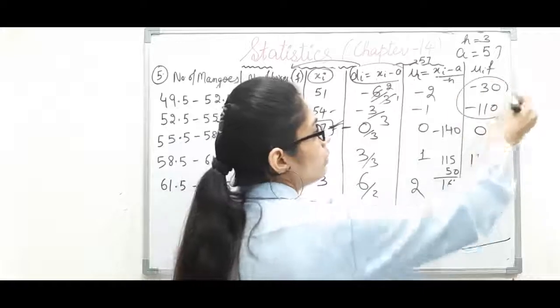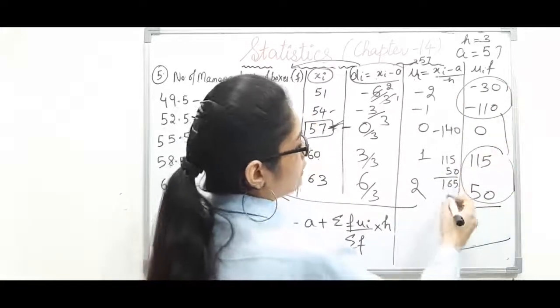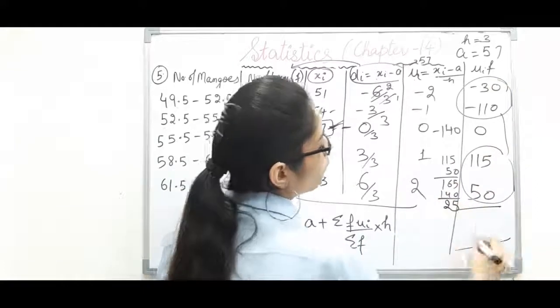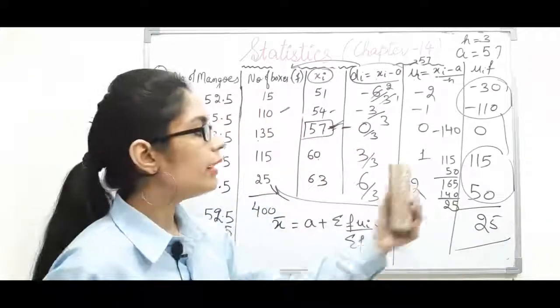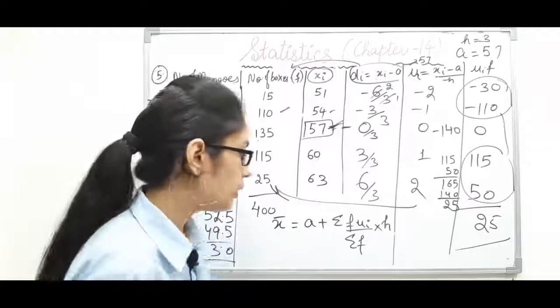First of all do this, then do this. So 165 minus 140, it will be 25. Summation fui is 25. So without using a calculator, easily you can do the calculation.